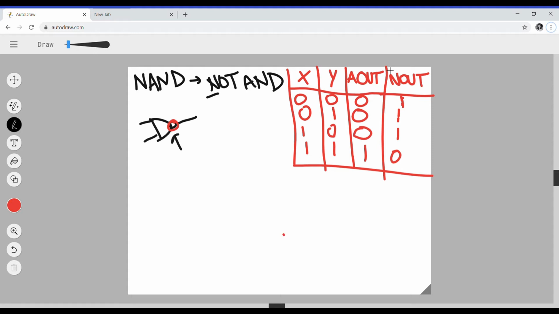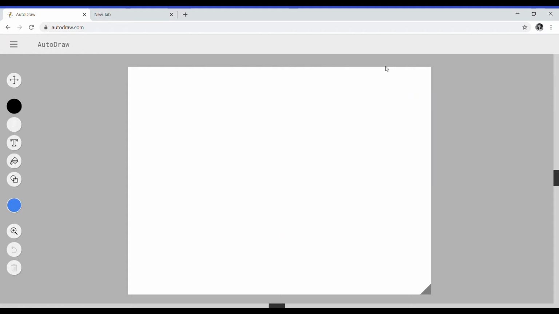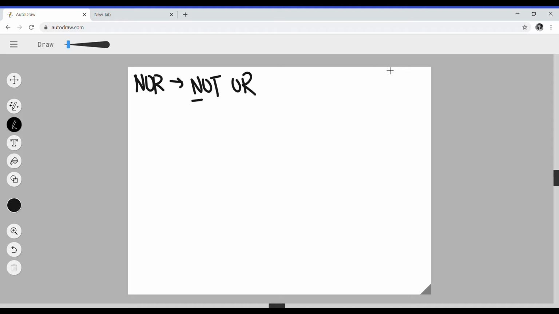Now the next gate that I'm going to go over will be the NOR gate. The NOR gate, much like the NAND gate, stands for not OR.